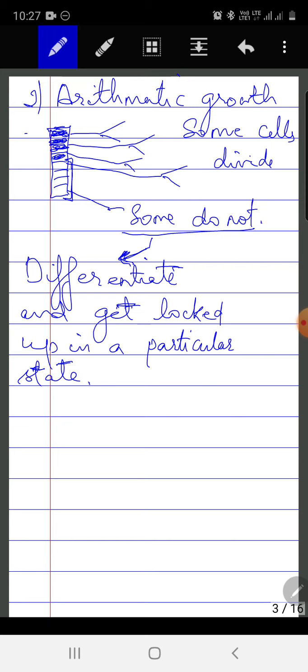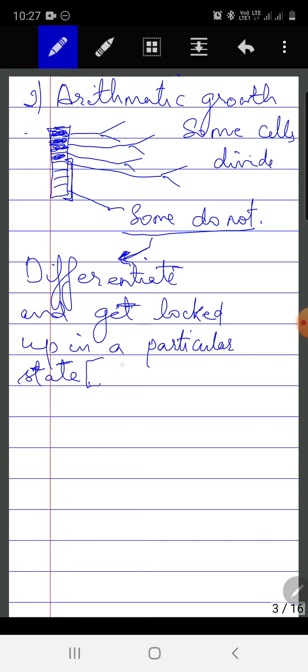Now in the third unit, the cell, there is a chapter, cell division. In that chapter you would be studying the cell cycle. Now these cells which are not dividing and are arrested in a particular state are said to be in a phase known as the G0 phase.